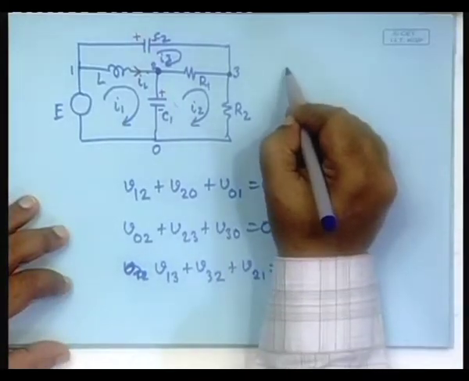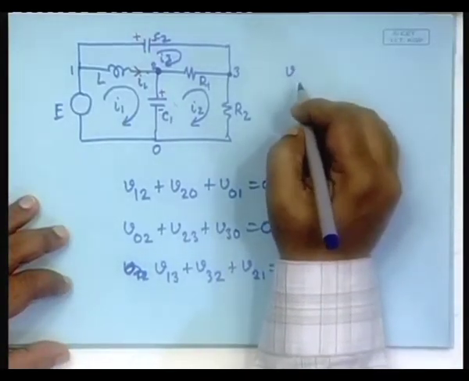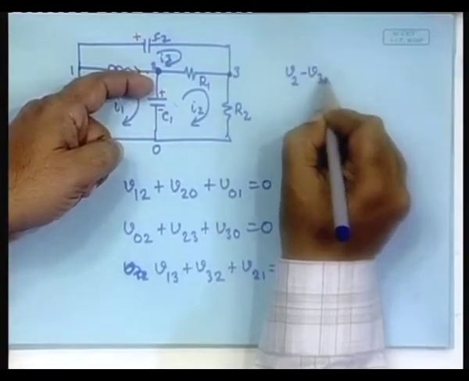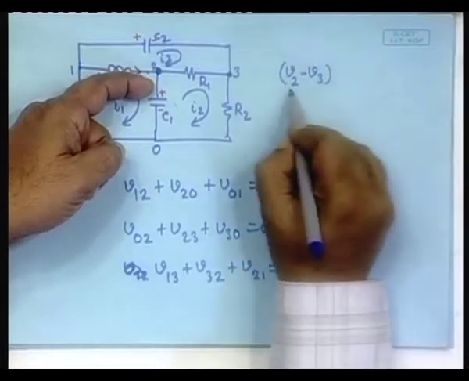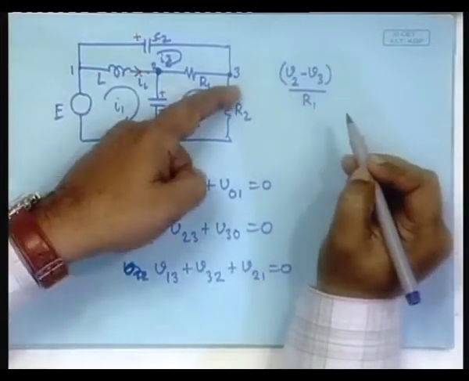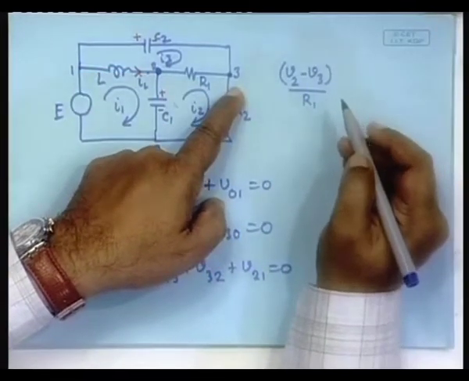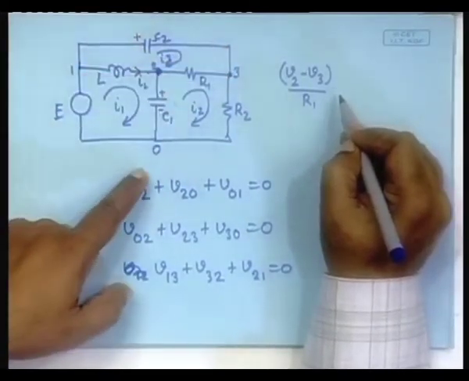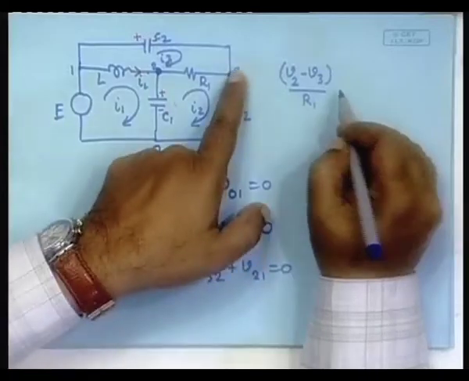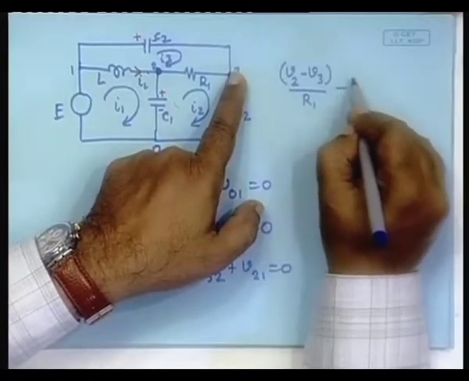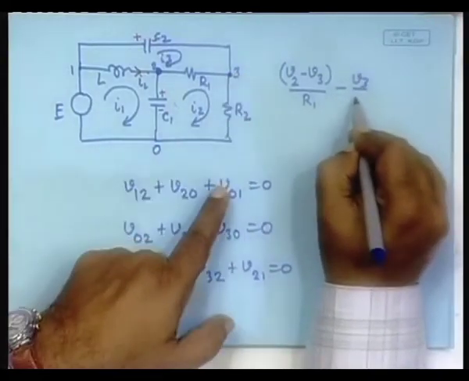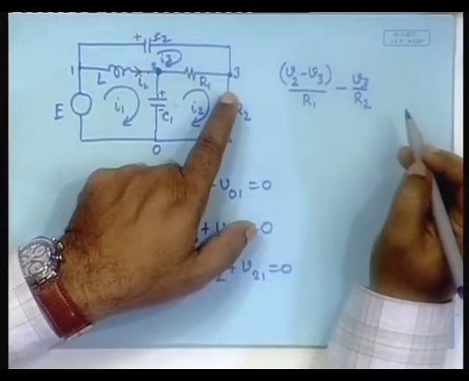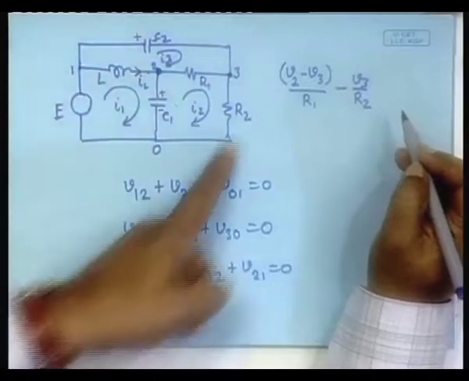It is V2 minus V3 by R1, there is a current here, input. So, this current is minus V3 by R2, and the other current is this and that.